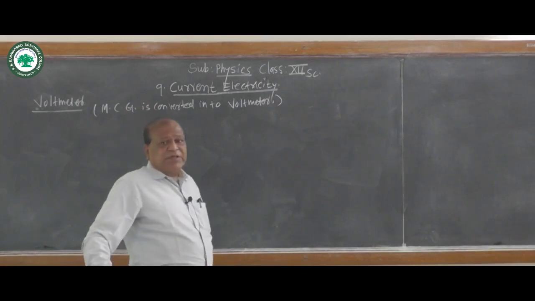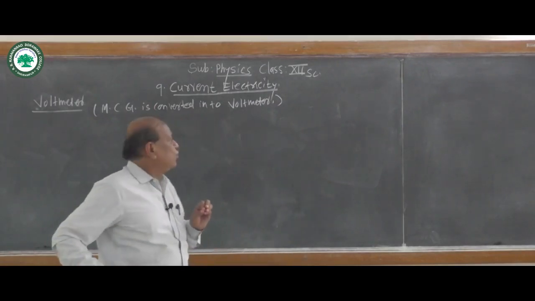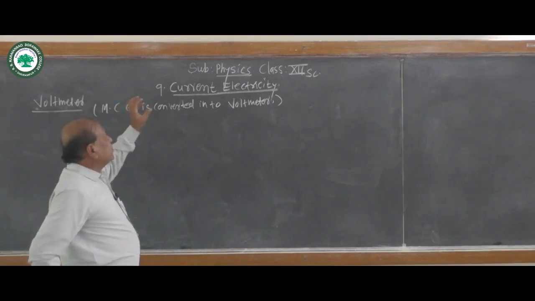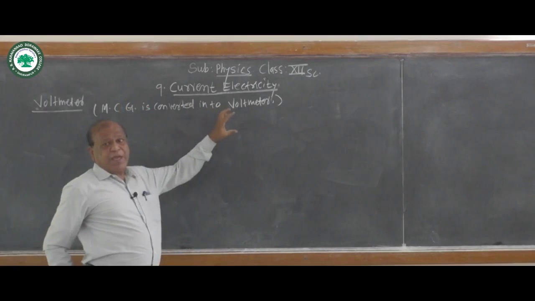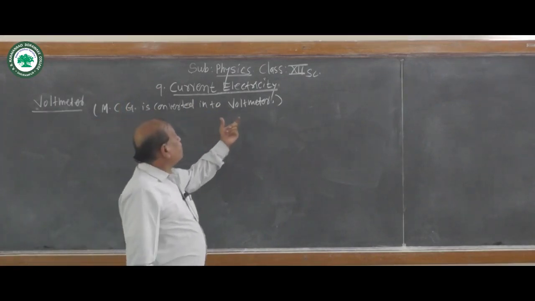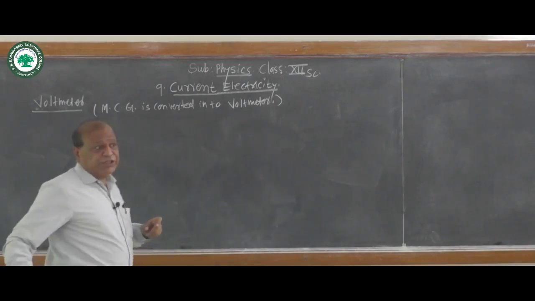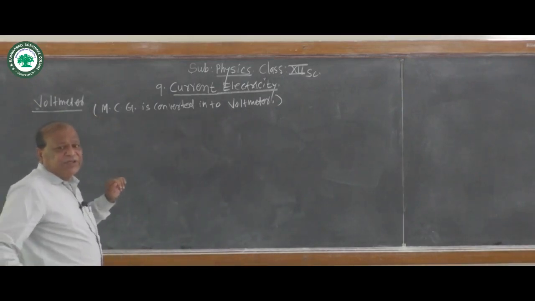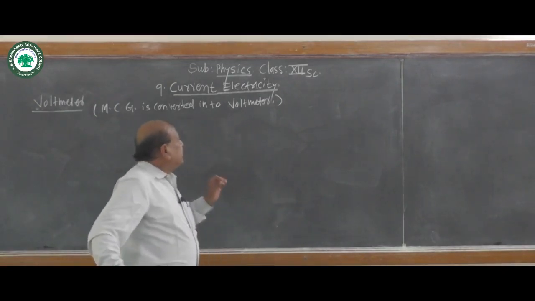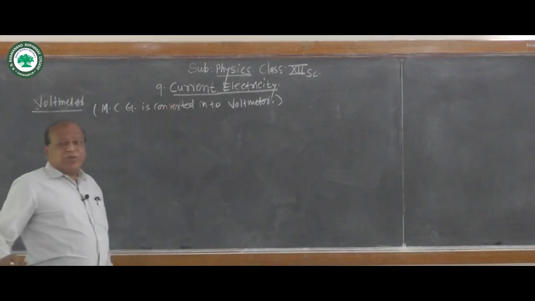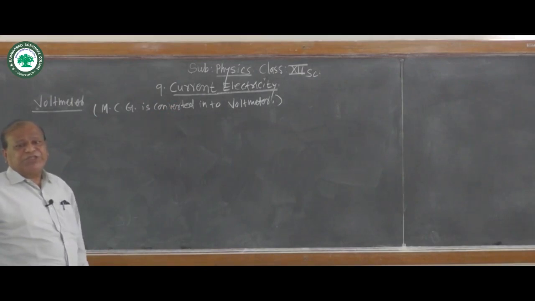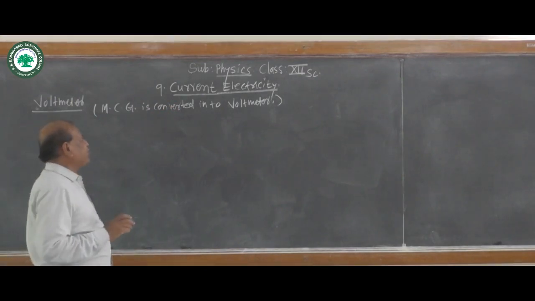So some modification is made to increase the capacity to measure the PD across the circuit, and second, to increase the effective resistance of the circuit and to protect the voltmeter from damage due to excess potential across it.